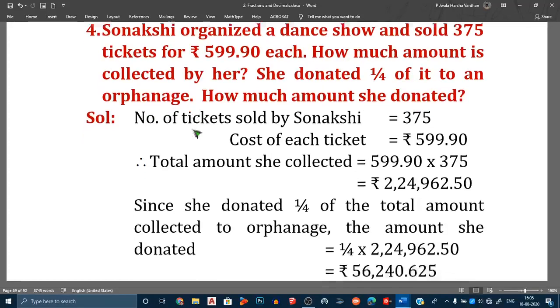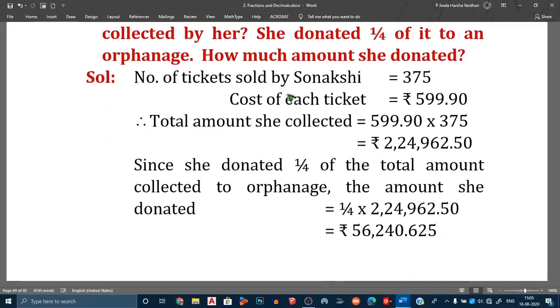Okay. So now the number of tickets sold by Sonakshi is 375 and the cost of each ticket is given as 599.90. Therefore, you can find out by multiplying those two the total amount she collected, which is 2,24,962.50, which is 50 paise.